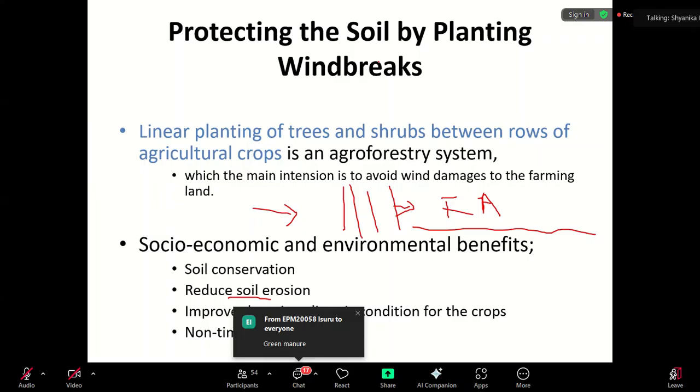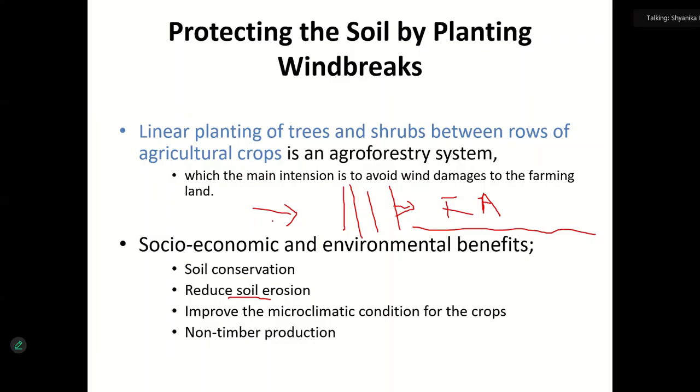Okay, non-timber forest products come from the trees. Here we talk about planting trees against the wind direction, right? So from these trees we can get non-timber products.